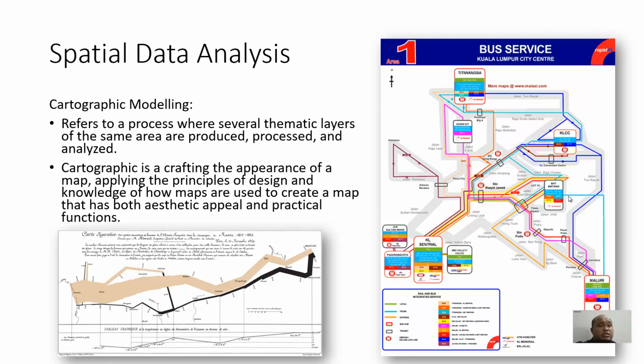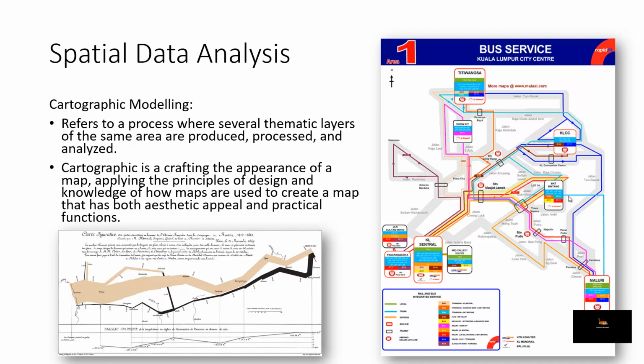So as you can see, on the left hand side is the Napoleon war map, if I'm not mistaken. It is between France and Russia. The map doesn't really show any earthly representation, any locations.